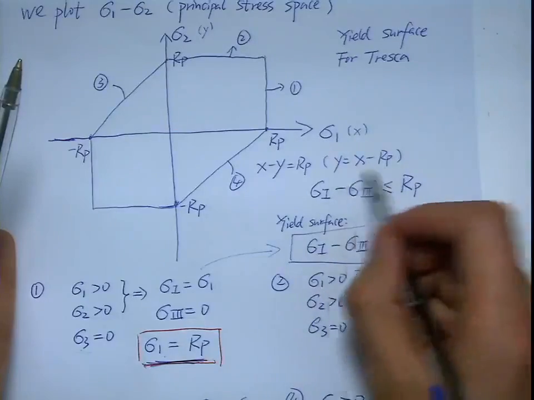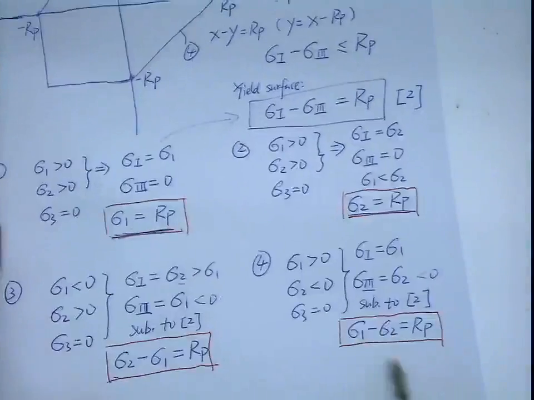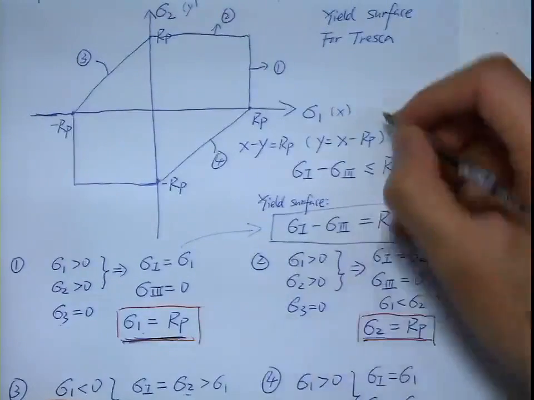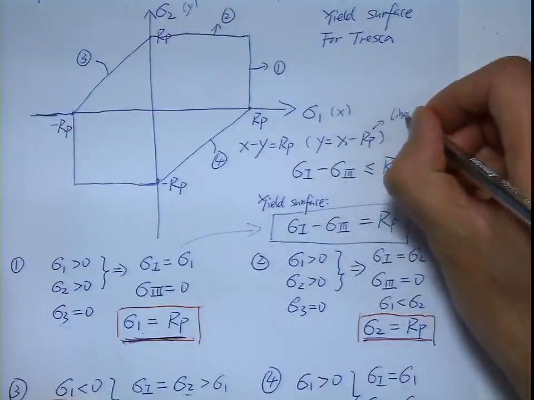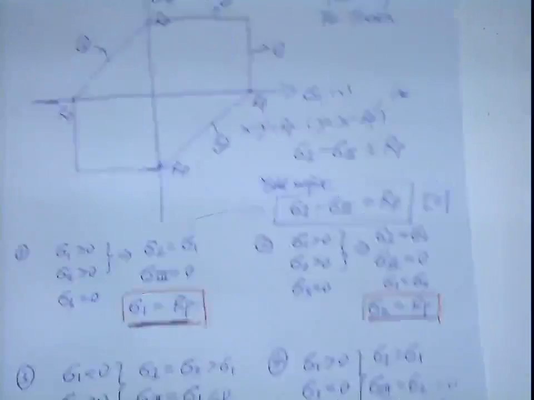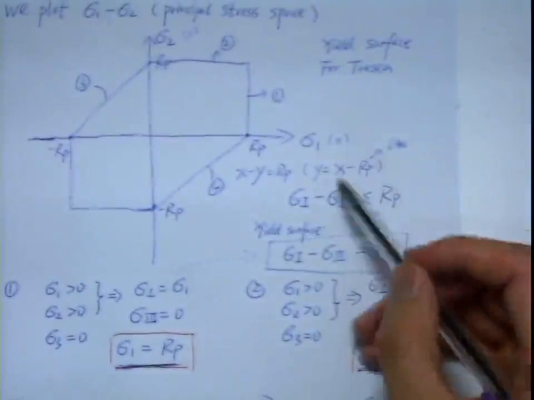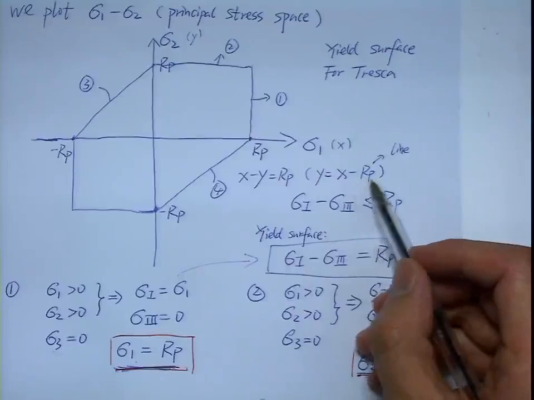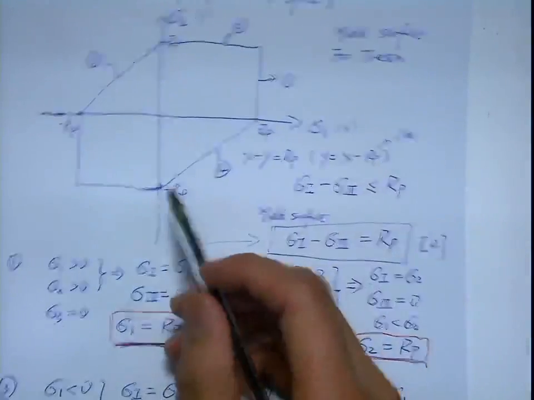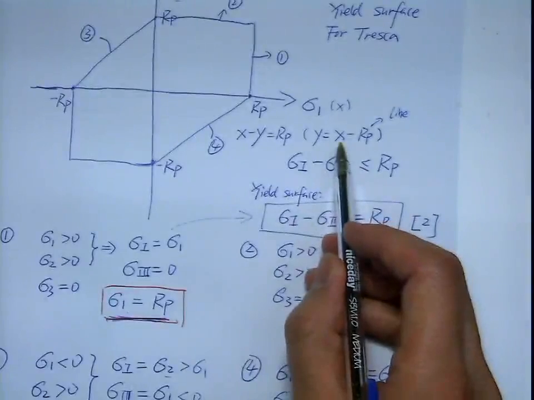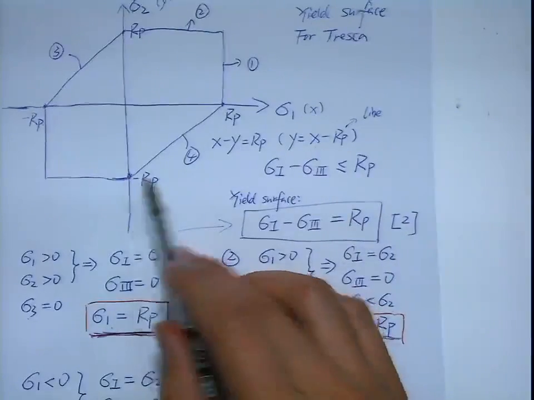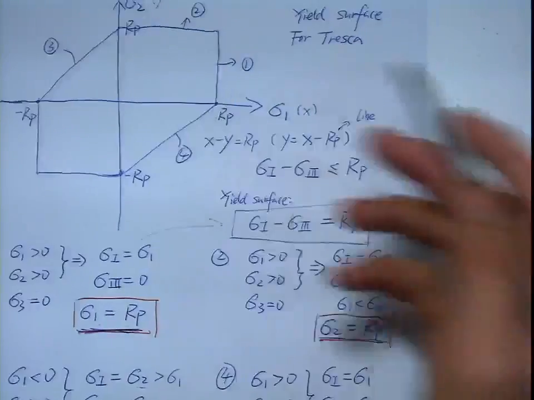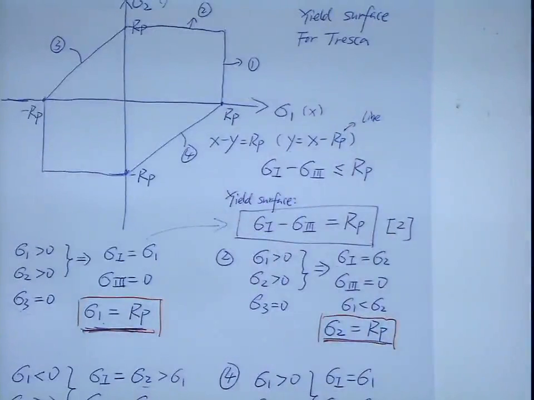Probably you are more familiar with an equation like that rather than looking at the stress, okay? But essentially the same. This is the line equation for a line. Any mathematic equation for a line is like that. So it has a positive gradient, and the intersection is this value. You can check x equal to 0, which is this one. X equal to RP, which gives you y equal to 0, which is this one. Right? So that's some physical meaning of that.